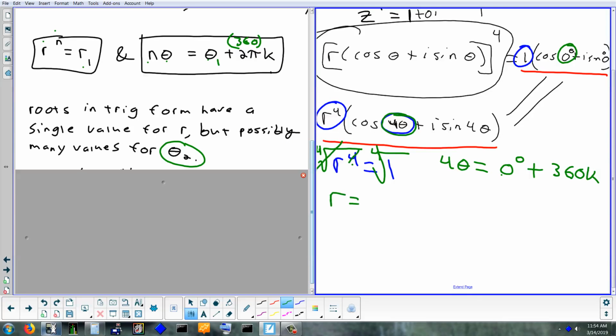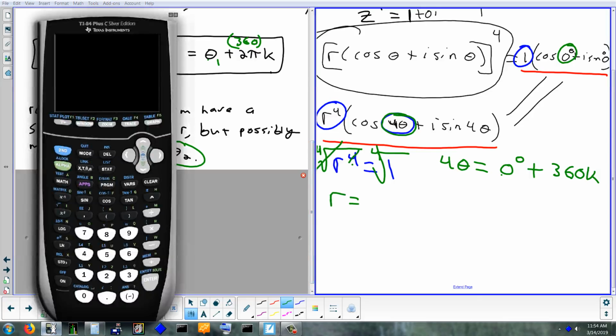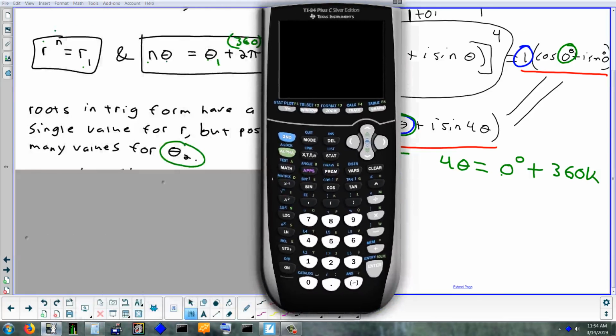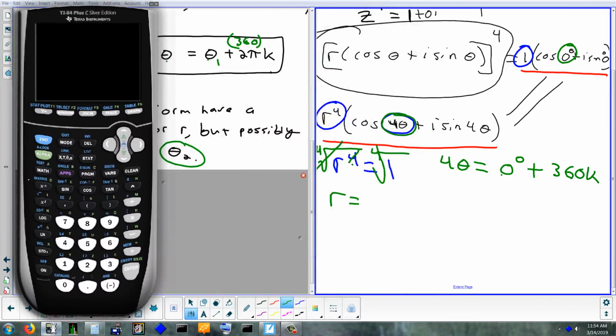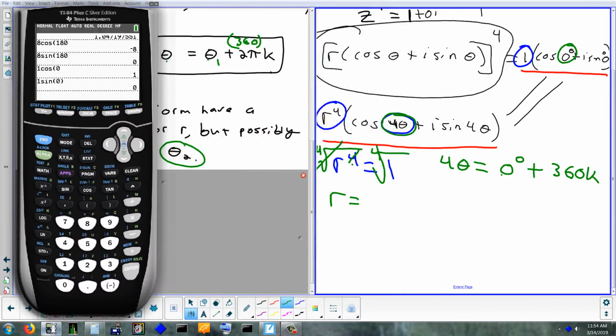Now, you probably can figure out what the 4th root of 1 is. But if you don't know how to type it in, because maybe it's not always going to be a 1, this is how you type it in. To do a 4th root, you press 4, math, and then it's the 5th option down. That's how you do a 4th root.